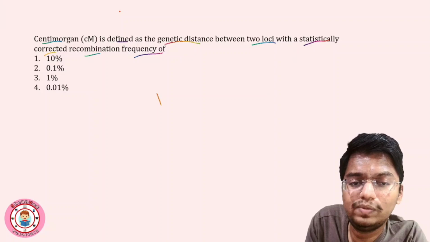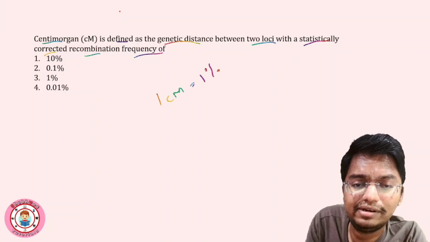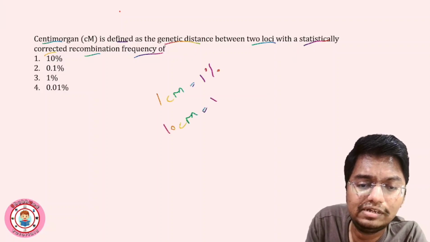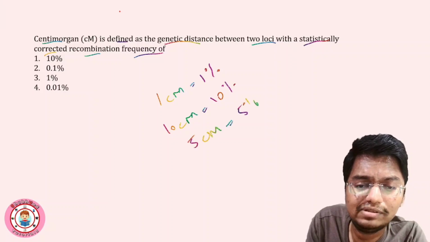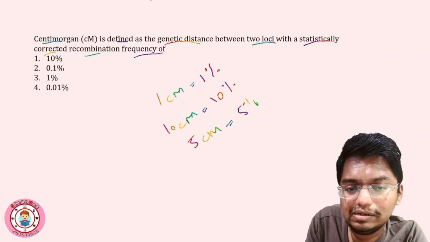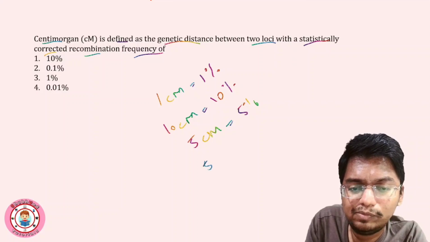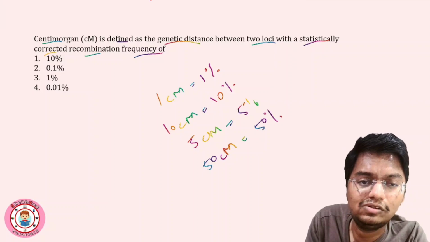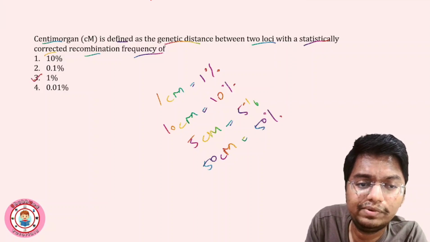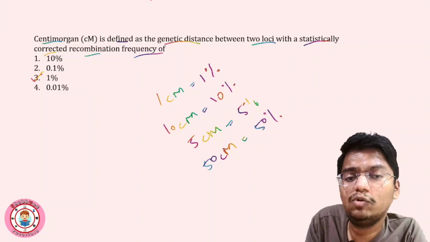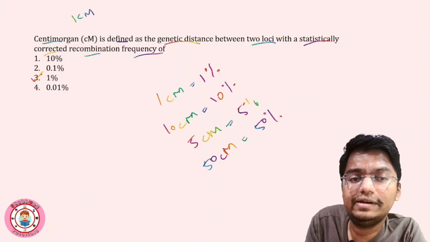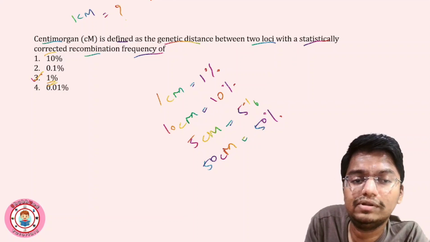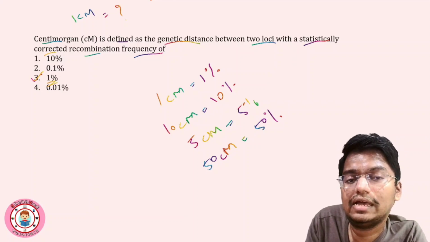So 1 centimorgan is basically 1%. 10 centimorgan is equal to 10%. 5 centimorgan means 5%. Suppose it is 50 centimorgan, that means 50%. So the answer will be 1%. The question is asking: centimorgan is defined as, meaning 1 centimorgan is equal to what recombination frequency? So it is 1%. Option 3 will be the answer.